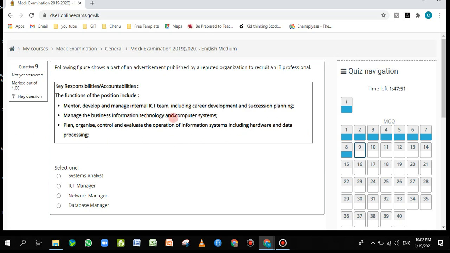Manage the business information technology and computer systems. So most of them goes with ICT. So here system analyst, ICT manager. It says managing, and plan, organize, control and evaluate the operation of information system including hardware and data processing. So definitely it's an ICT manager. Then we'll go to the next question.